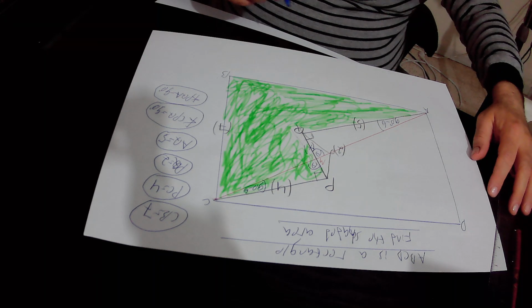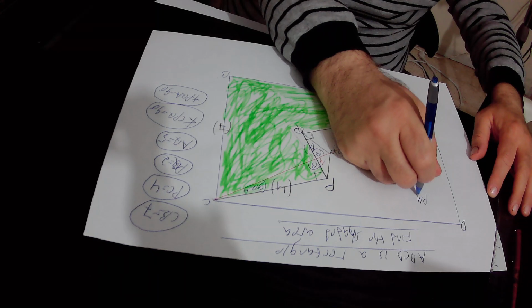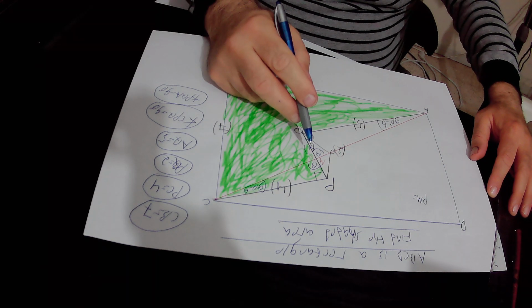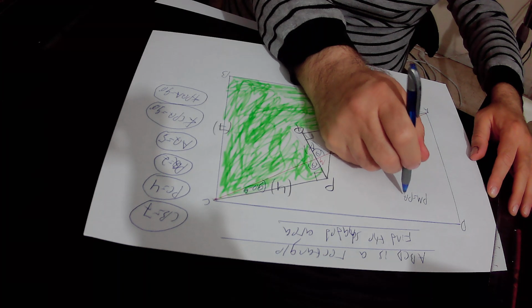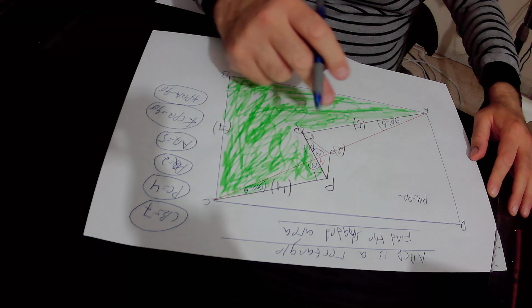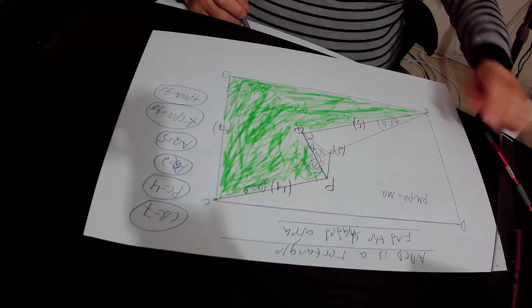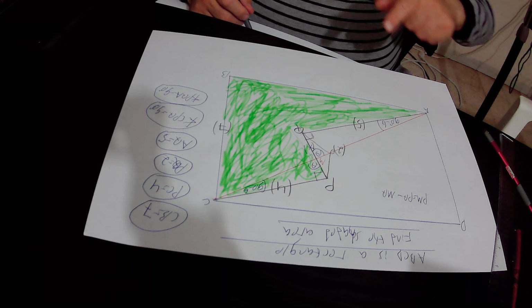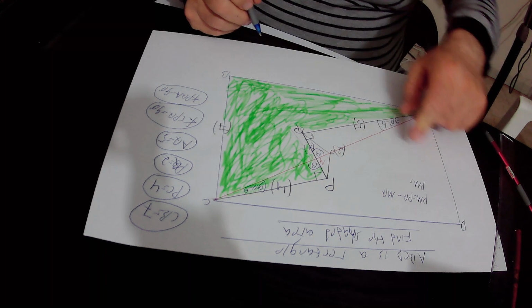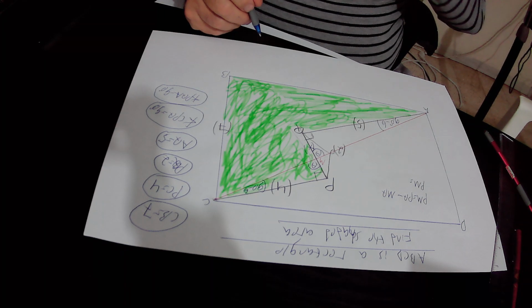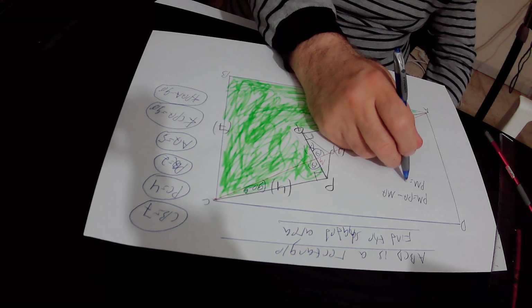So write it down: PM equals PQ minus MQ. PQ is 2 according to what is given in the question.